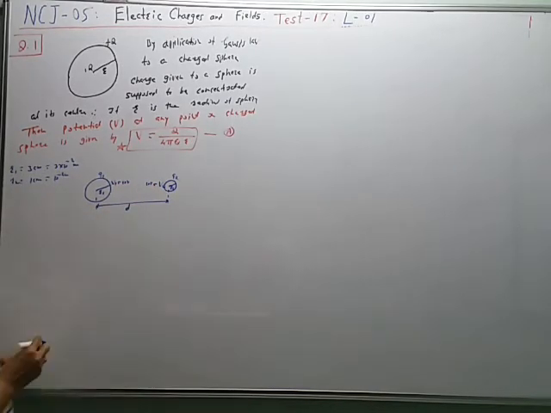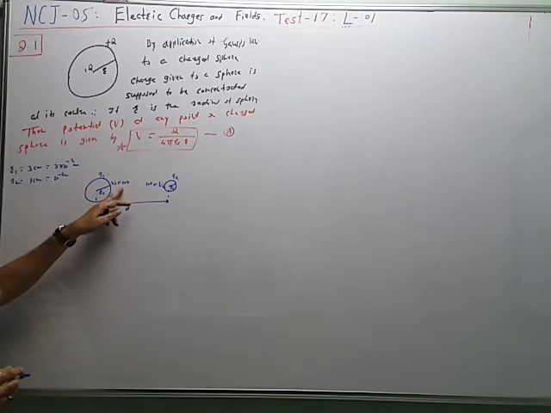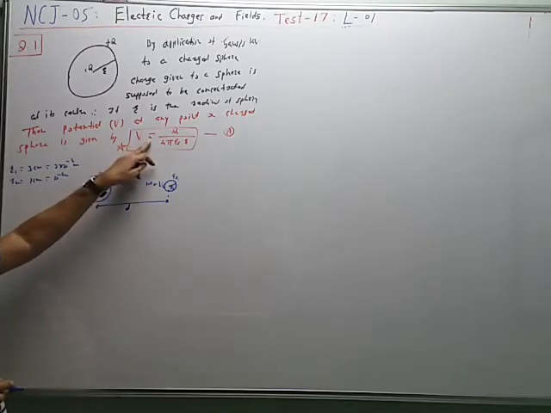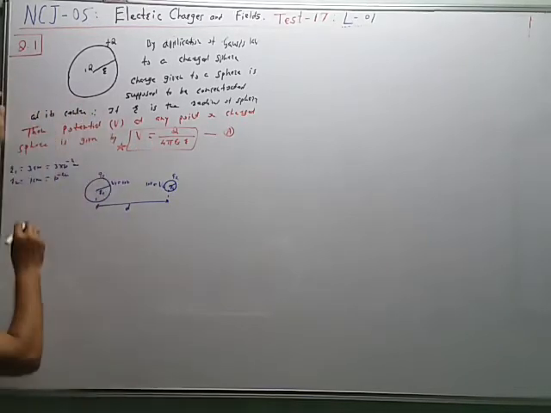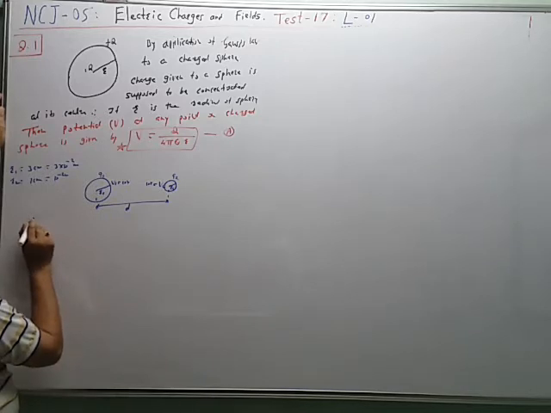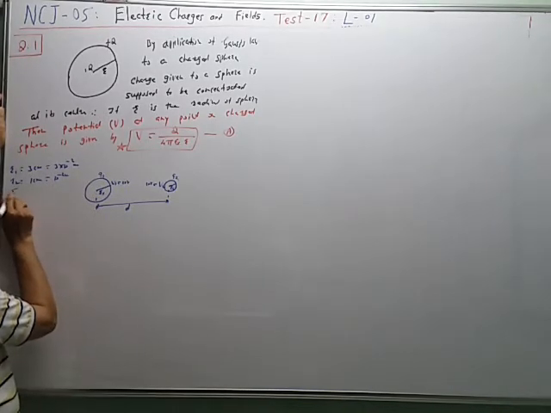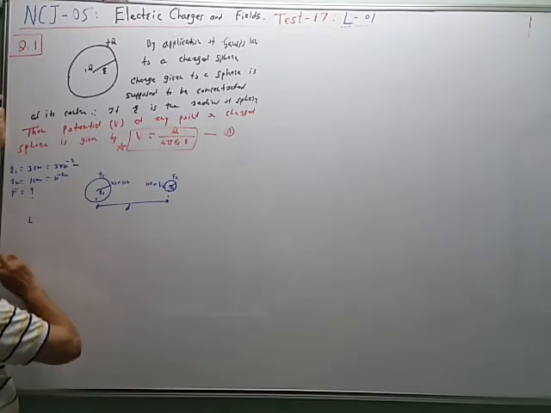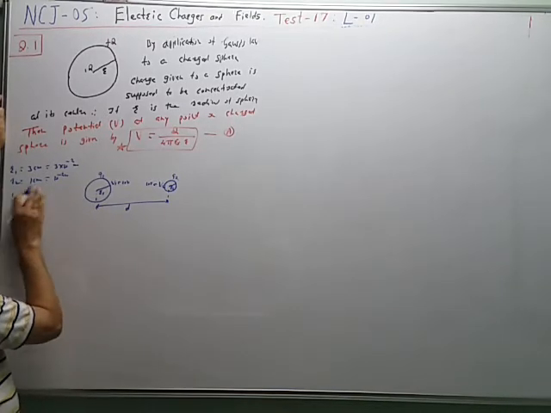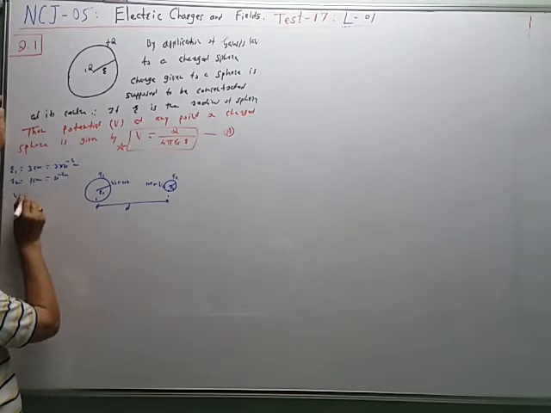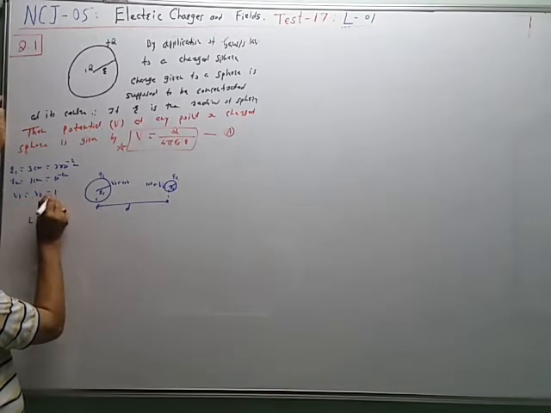Both potentials are equal. So by knowing the potential, we can find Q1 by using this formula. We have to find the force of repulsion F is equal to question mark. Given quantity is V1 is equal to V2 is equal to 10 volt.